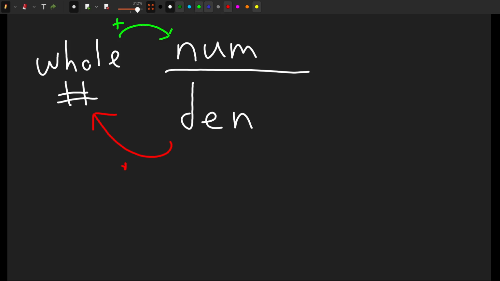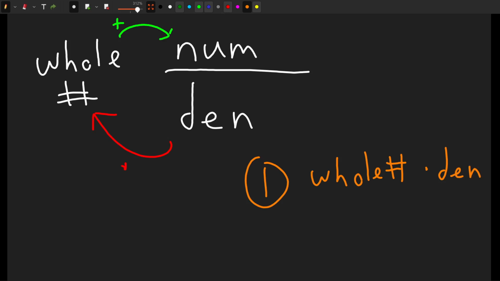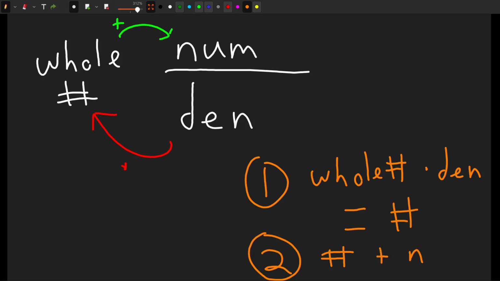So step 1, and I will use orange for this, is multiply the whole number times the denominator, and that will give you a new number. Step 2 then is to take the number you got in step 1 and add the numerator. Okay.